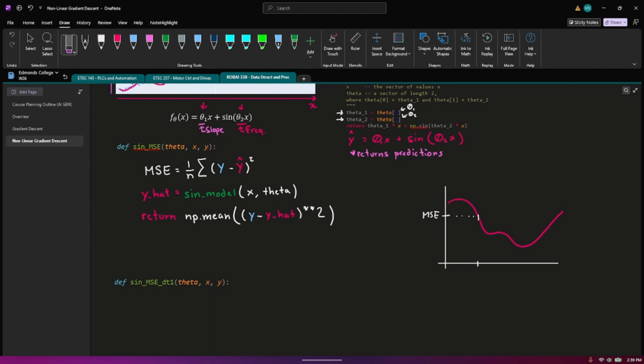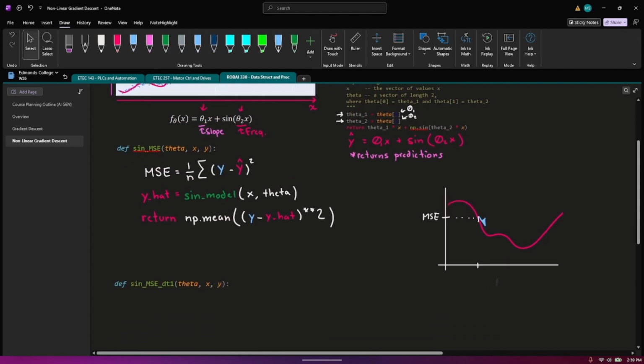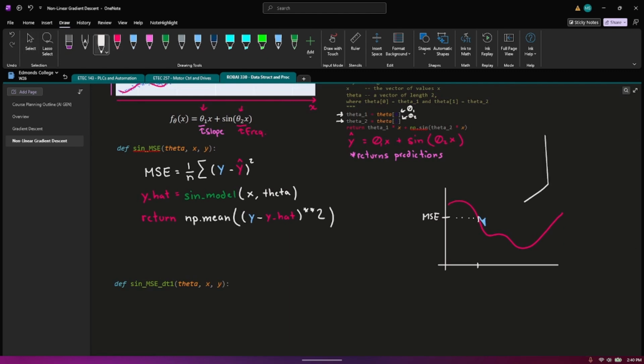But we also need the derivative. We need to know how this function is changing. And in this case, we have two thetas, so we'll need two derivatives. If I redraw this in 3 dimensions, or at least attempt to, say we've got some kind of bowl shape here.